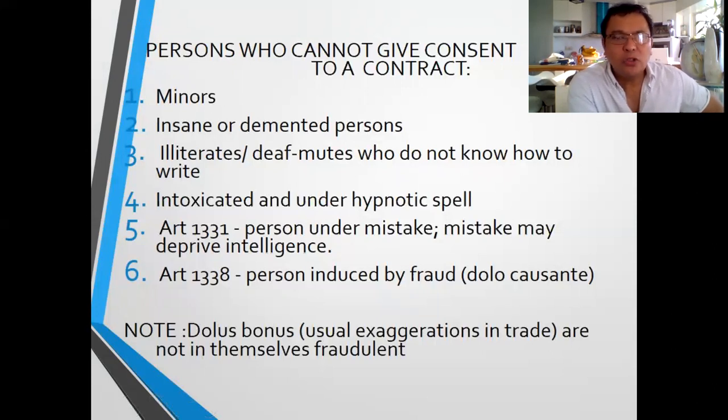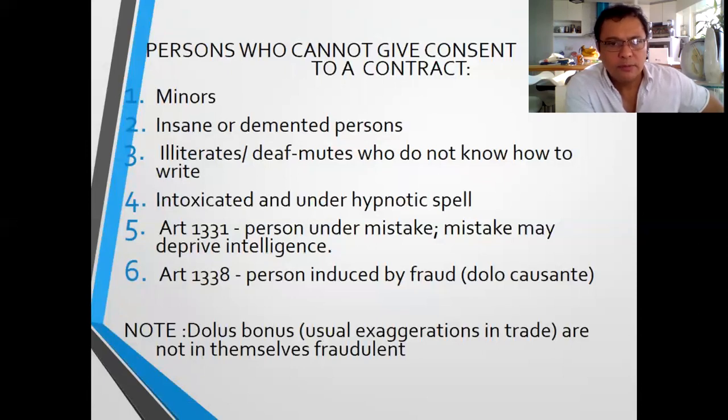Now, there are persons under the law who cannot give consent to a contract. So, number one, minors, those below 18 years of age; insane or demented persons; illiterates; deaf mutes who do not know how to write.